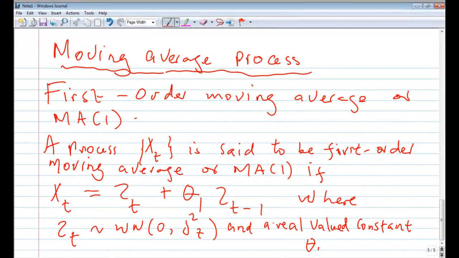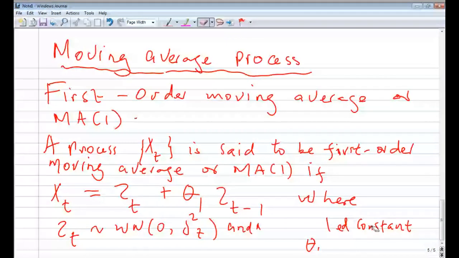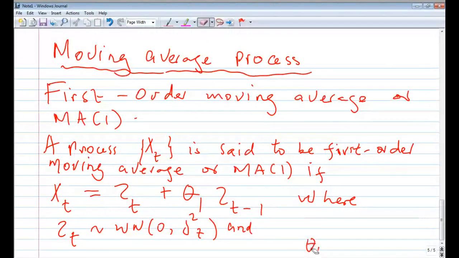Okay, let me erase this one and write it nicely. And theta 1 is a real valued constant.